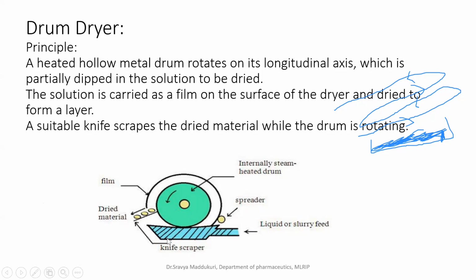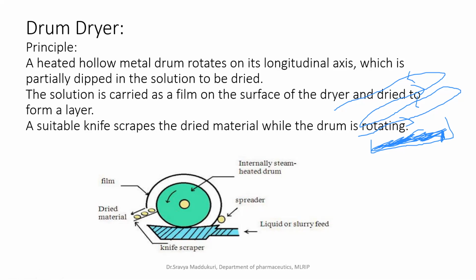Now this solution is carried as a film on the surface of the drum till here, and during this journey, from here till it completes one revolution, all the liquid that is there on the surface of the drum will get dried up.